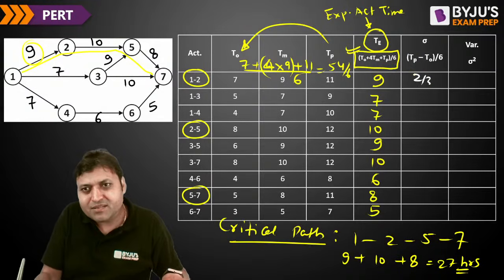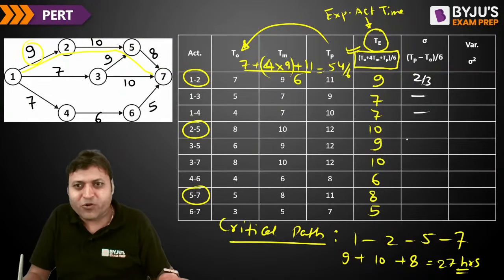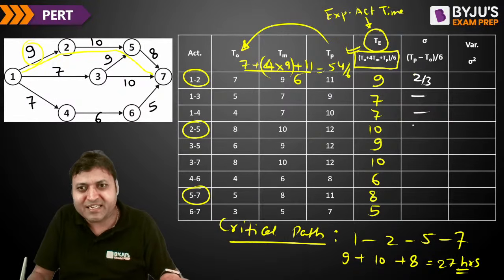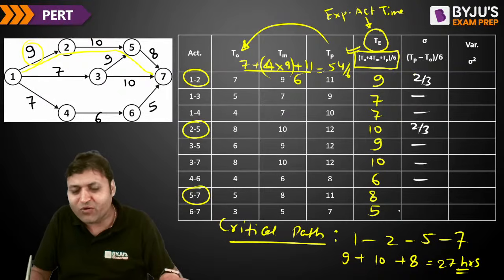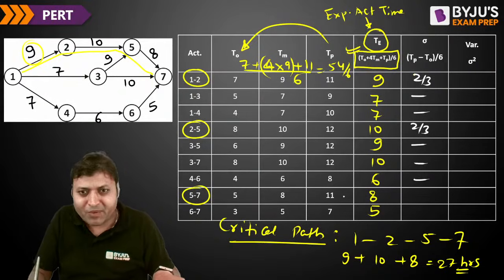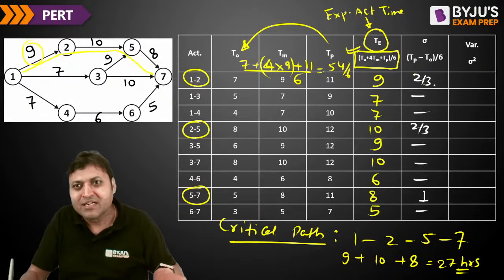Now for 2 to 5, again 12 minus 8, that is 4 divided by 6, again 2 by 3. And for 5 to 7, it will be 11 minus 5, that is 6 divided by 6, that is 1.